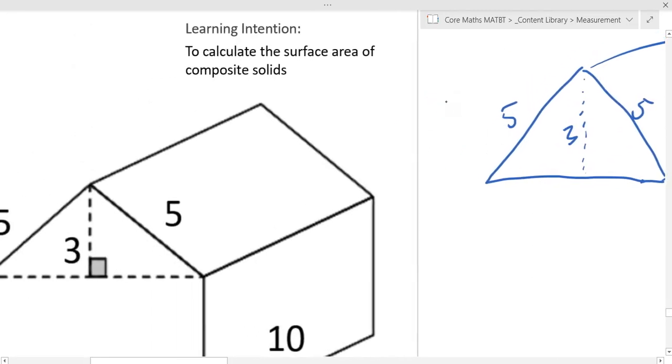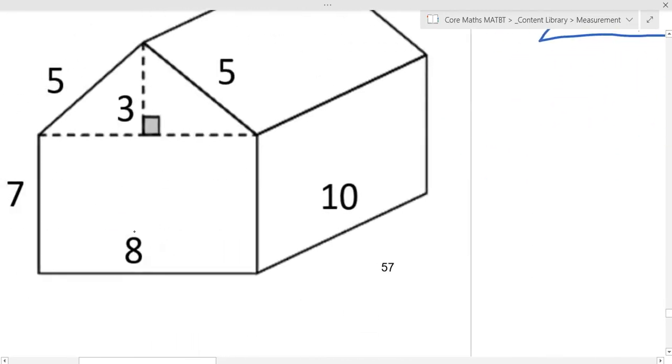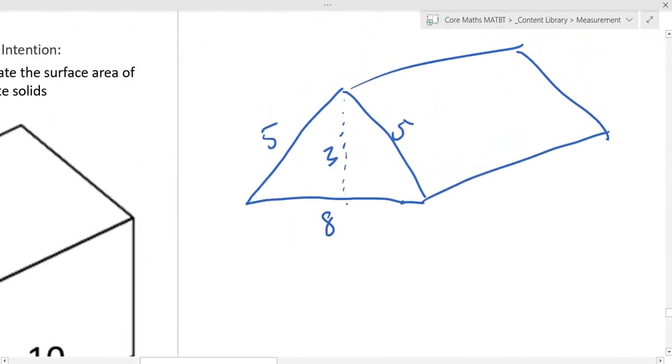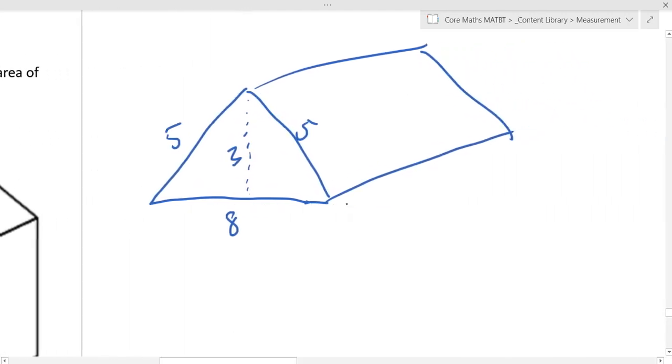They're 5, and the base of my triangle is 8. So let's draw the dimensions of this triangular prism, and then we're going to find the surface area for it. Remember, you're only trying to find the area of the exposed sections. You do not want to find the area of the sections that are covered, or that won't count.